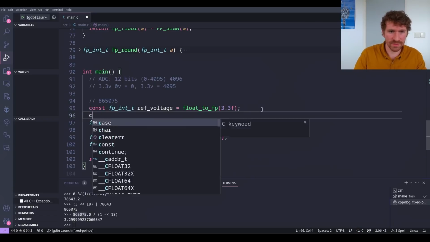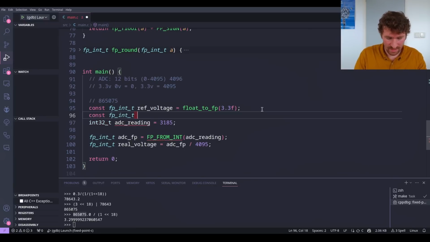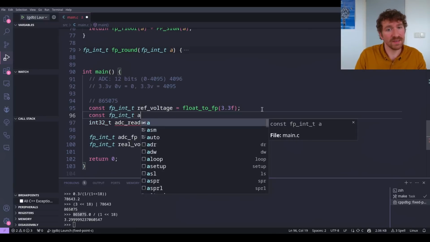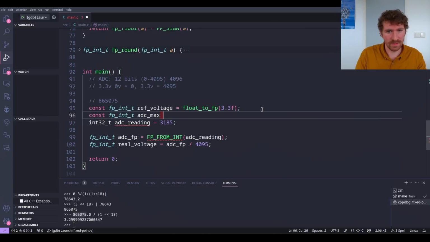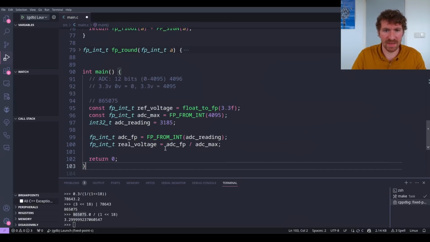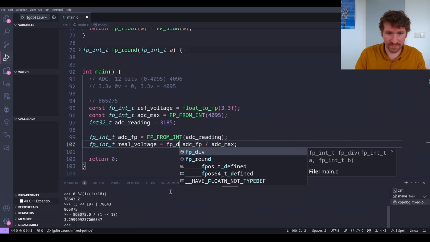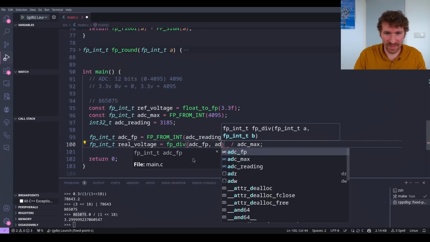So let's make another constant, fp_int_t, and this is going to be the ADC max. This is the maximum value we could read from the ADC, 4095. So that is going to be ADC max. So we divide our reading by our max. Well, we know how to do that. Fixed point division of this number by ADC max.